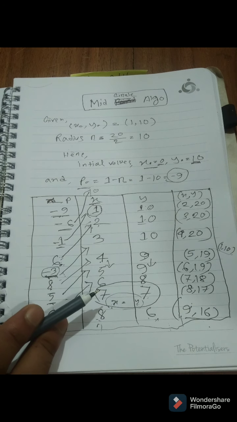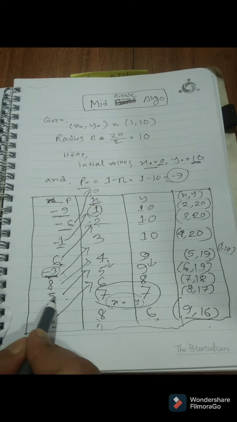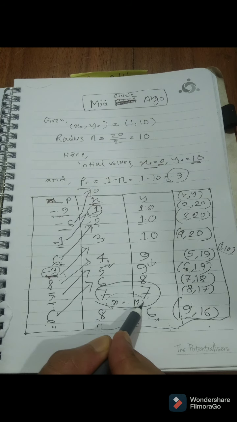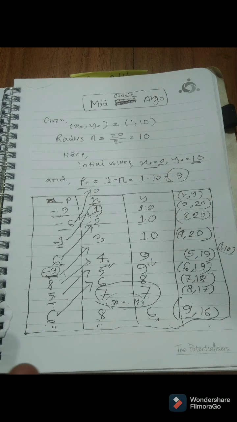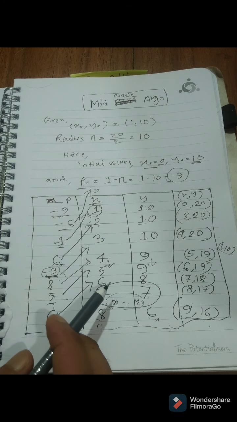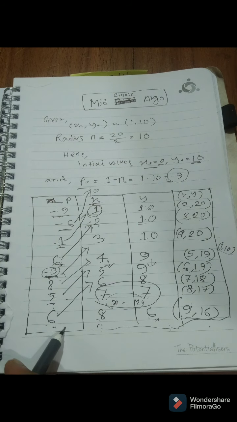And please focus on this term because here it is a very important thing. When you get x equal to y, then you should stop and just take one more step. So I again say, when you get x equal to y, then you just take one more step.